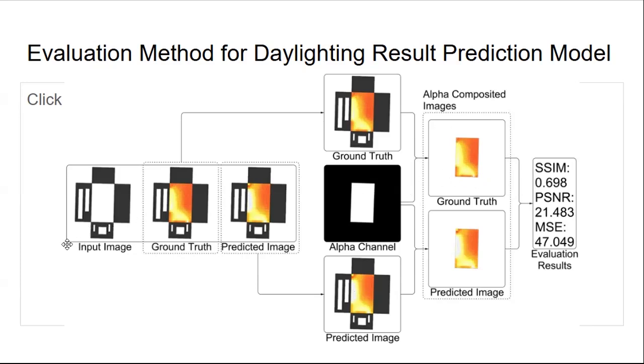So let's take a closer look at this workflow. After you have the predicted image, and of course you have the ground truth from Radiance at the beginning, you are going to send both the ground truth and the predicted image to the alpha channel. The alpha channel will get rid of all the background.